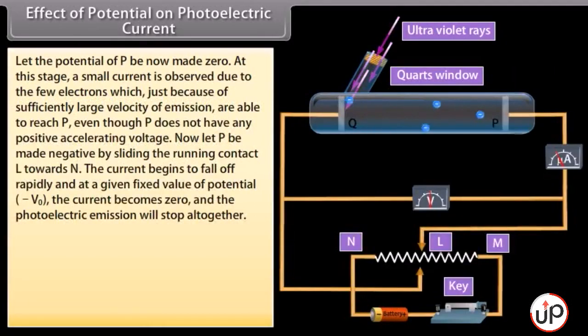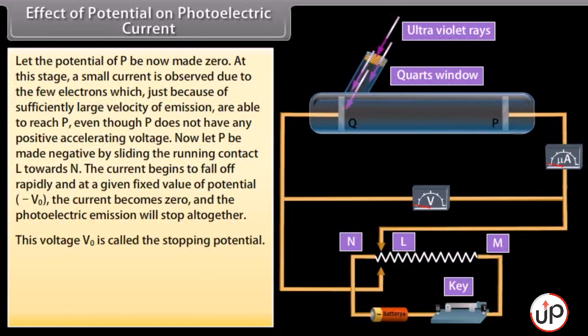Let the potential of P be now made zero. At this stage, a small current is observed due to the few electrons which, because of sufficiently large velocity of emission, are able to reach P, even though P does not have any positive accelerating voltage. Now let P be made negative by sliding the running contact L towards N. The current begins to fall off rapidly, and at a given fixed value of potential, minus V0, the current becomes zero, and the photoelectric emission will stop altogether.